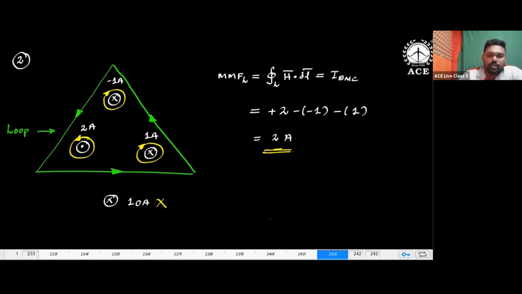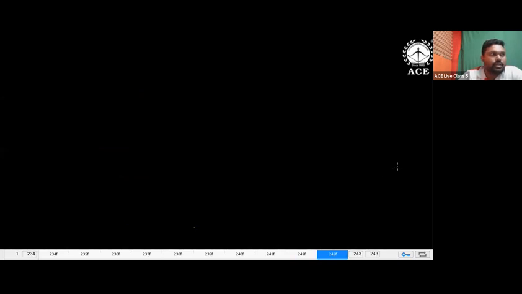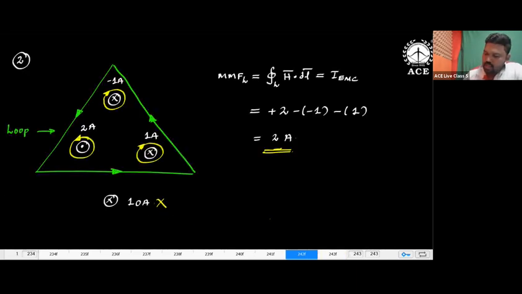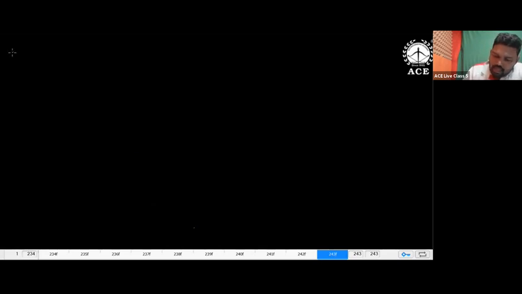Let us take one more question. I'm going to turn the page here. Try to observe how I am drawing this question, because visualization is important. Number 3. There are 3 current carrying conductors here.